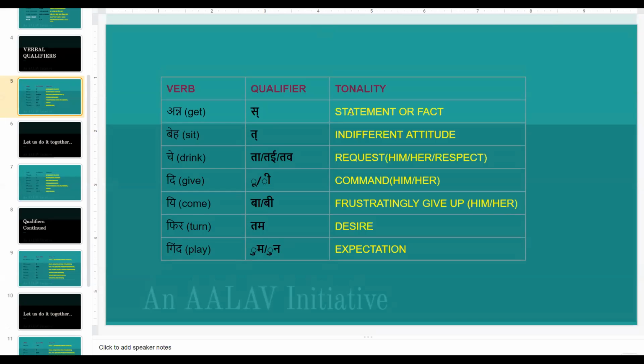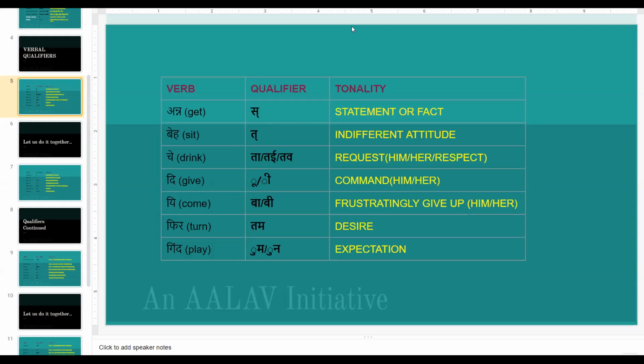Yes, sir. Add the qualifier, sir. Next one is the indifferent qualifier. Add the qualifier to the verb: ye, yet. He says, Yima, shall I come? In your indifferent attitude you say, yet. You don't care whether he comes or not.